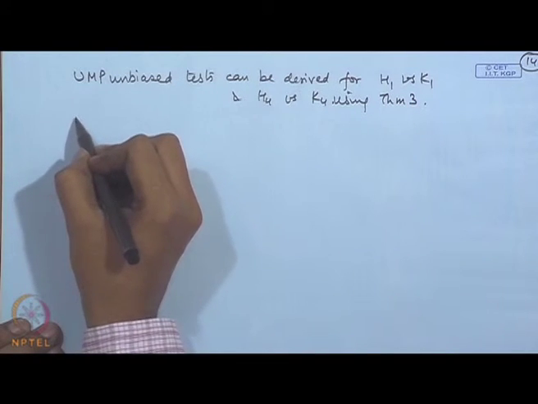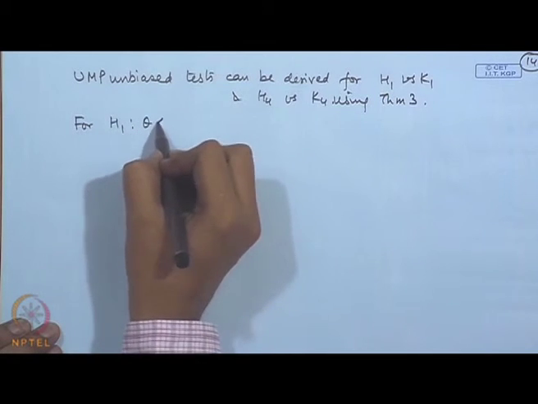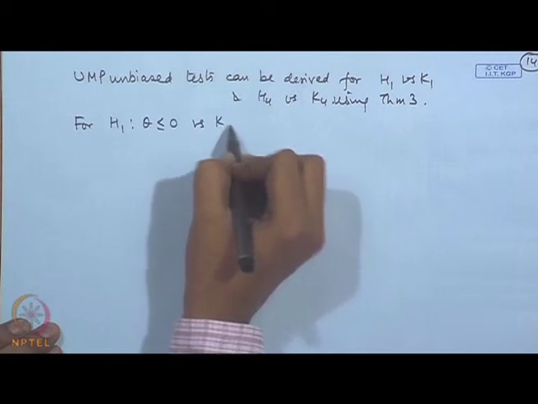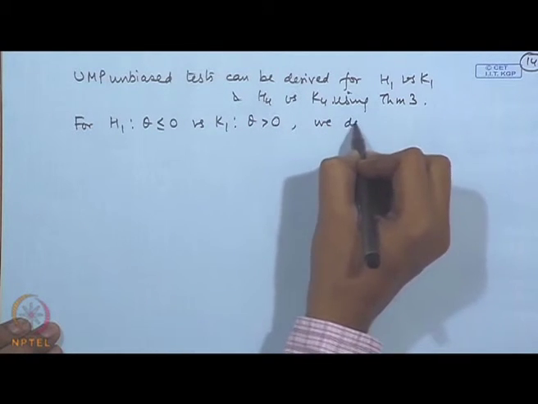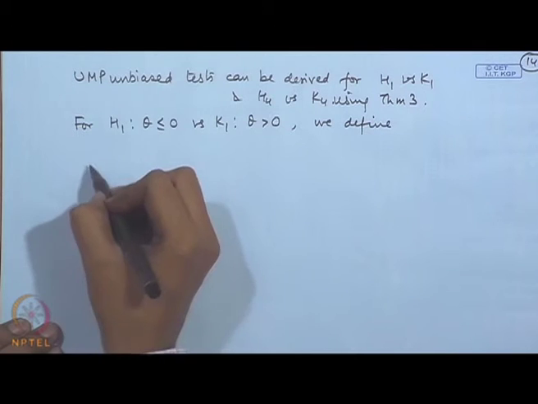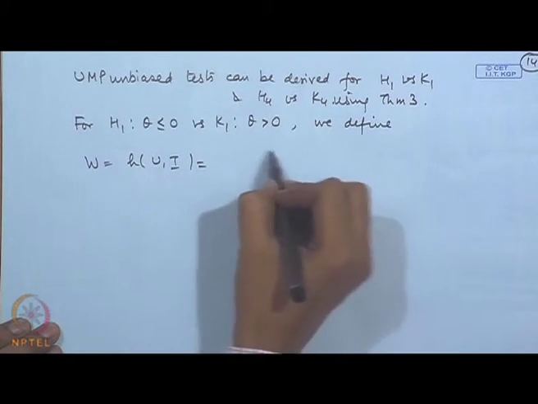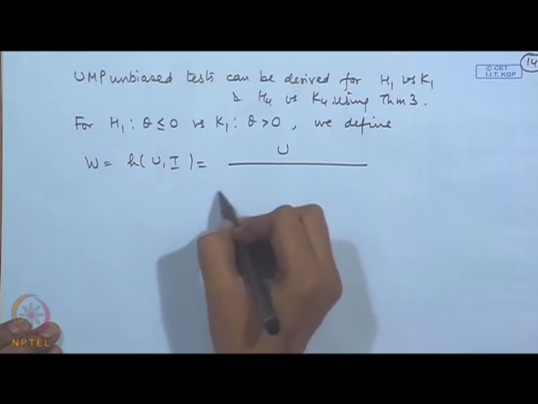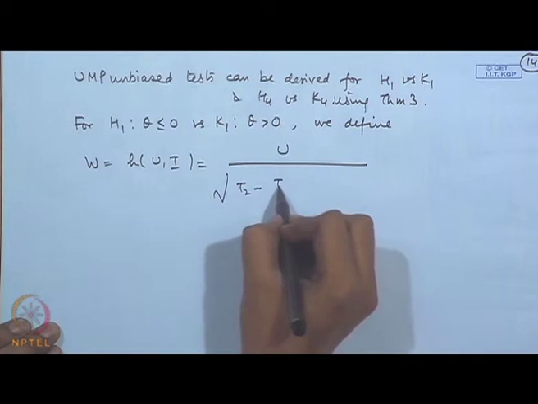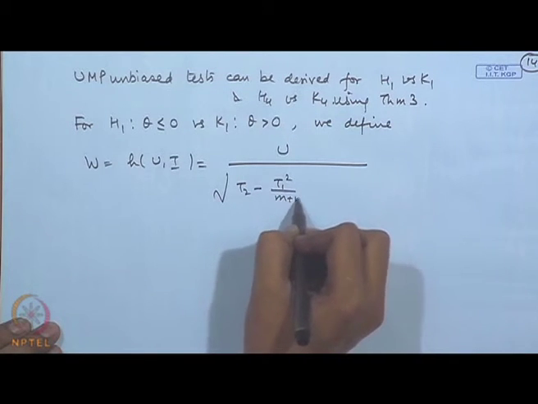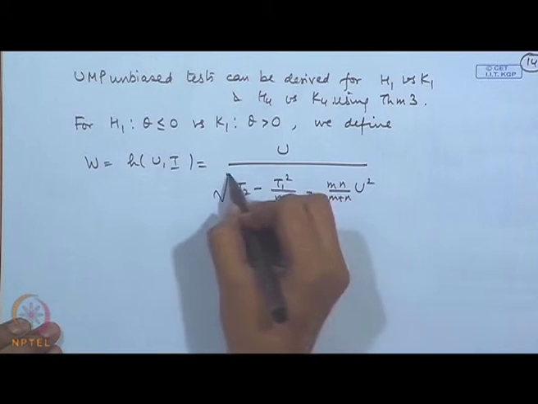So, if I consider the problem H 1, theta less than or equal to 0 versus K 1, theta greater than 0, we define the function W as u divided by the square root of t 2 minus t 1 square by (m plus n) minus m n by (m plus n) u square.